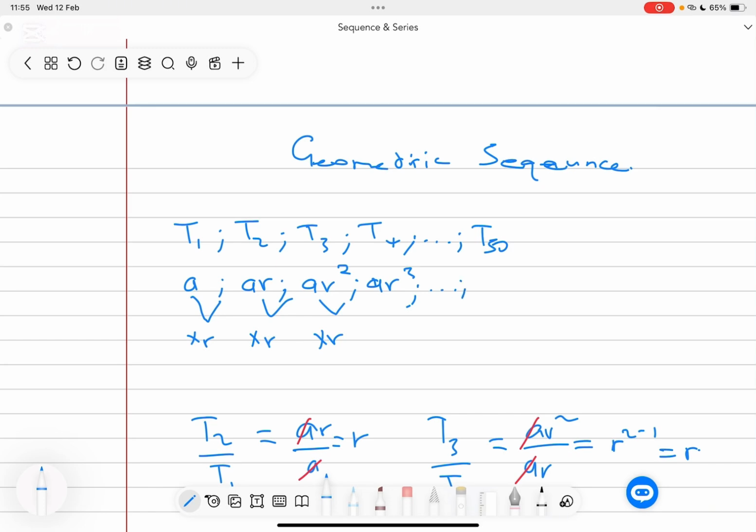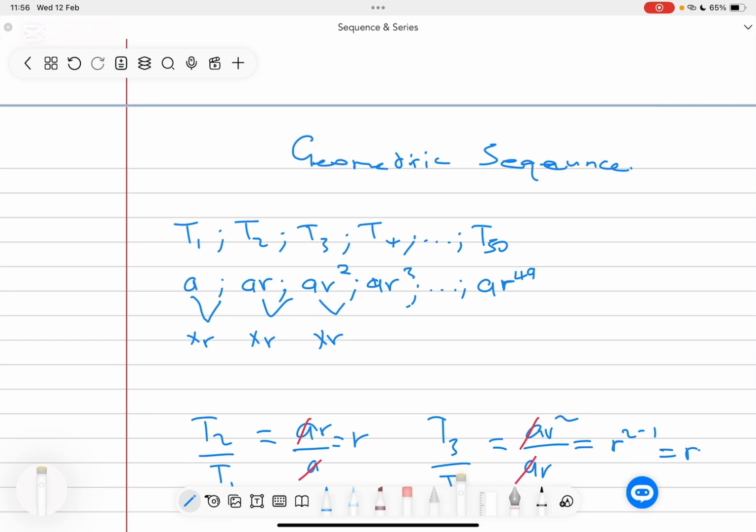Now this would be given by A, because we always have an A in the sequence, but this A multiplies an R. And we just said that the pattern that we see here is that the exponent would be 1 less than the number of terms. In other words, the number of terms, which is 50, minus 1, and that should give us 49. So term 50 should be given by A times R to the power 49.